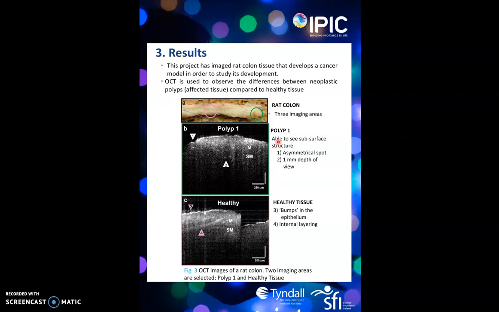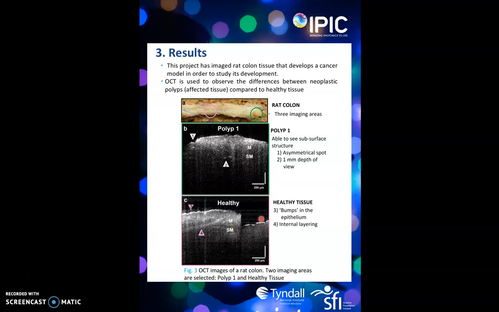If we see our first polyp, we can see in point number 1, we can see like an asymmetrical growth on the surface. We can see also internal spots with different backscattering properties. And what's very powerful about OCT is that the penetration depth in this direction is about 1 millimeter with a resolution of 10 micrometer.